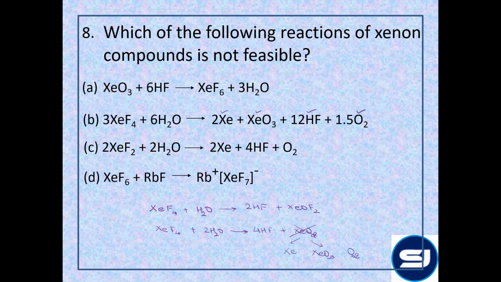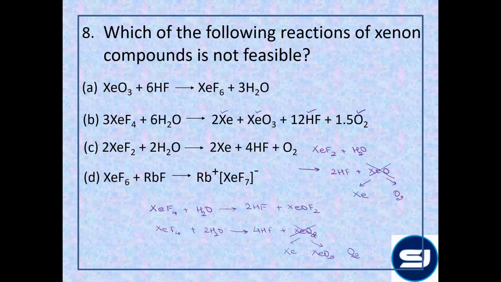And XeF2 के लिए again यहाँ पर क्या होगा, अगर आप करोगे रिएक्शन तो XeF2 plus H2O, जितने H उतने F को निकाल दो, and वापस यहाँ पर XeO टाइप का ऑक्साइड मिलता है जो कि नोन नहीं है, ये ब्रेक डाउन होगा into Xe and O2. So this will also be a correct and feasible reaction.